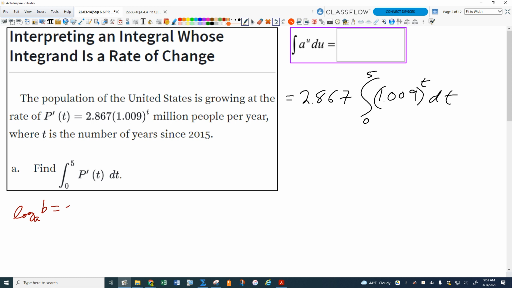We could rewrite that as natural log b over natural log a. So if I were to take a log of both sides of this, if I set this thing equal to y, if I had y equal to my integrand here, oh, you know what? That's not going to be so helpful, is it?